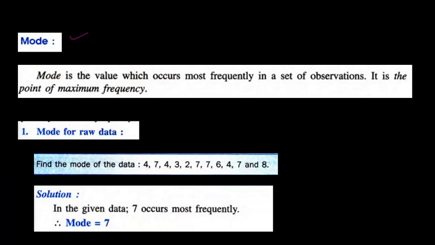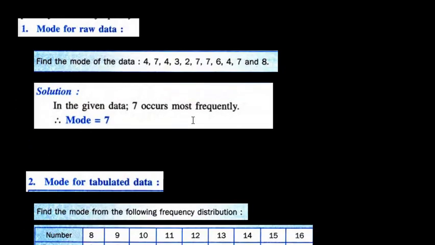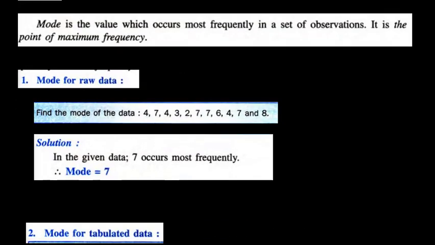So let us understand with the help of data. For raw data, we know raw data is what? These are the numbers, they indicate raw data. Now here you have to see which number is coming more frequently. If you see, 4 comes 1, 2, 3 times, 7 comes 1, 2, 3, 4 times, and the rest of the numbers come one time.